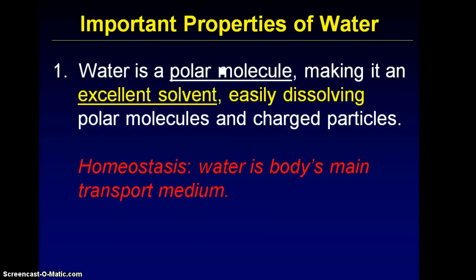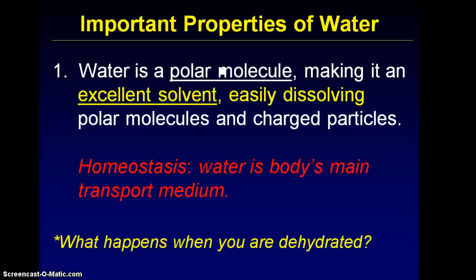That feature of water, what makes it so important in our body for homeostasis, is that it basically allows us to maintain certain chemicals within the body and transport them from one area to another. So something to think about then, relating to your case study this week, is if we were dehydrated, meaning that the water content in our body was lower than normal, what would be the consequence?